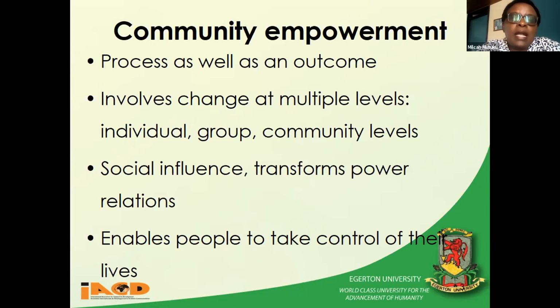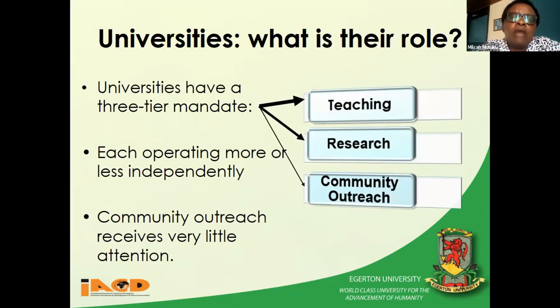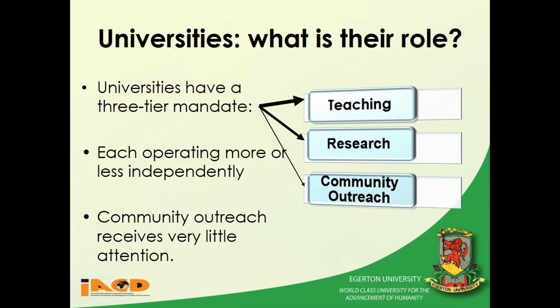Now, for those that are not in academia, you may be wondering what is the role of a university in a community. That's why I decided to have this slide here, just to talk to the person that may not be in academia. Universities have a three-tier mandate. Of course, the major one being teaching, and then research and community outreach.